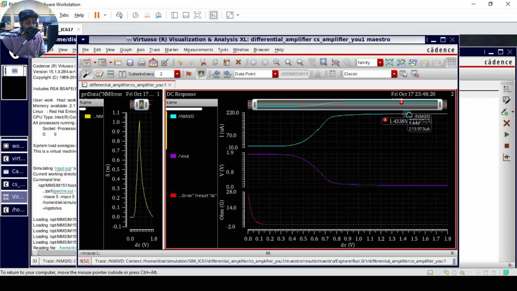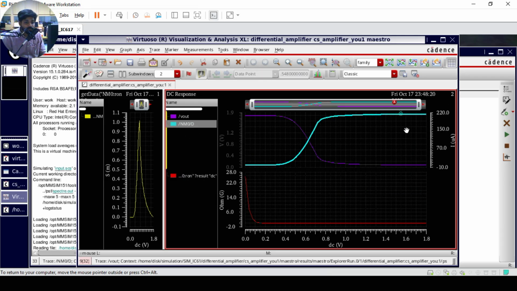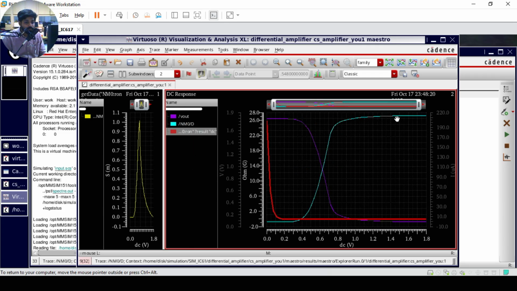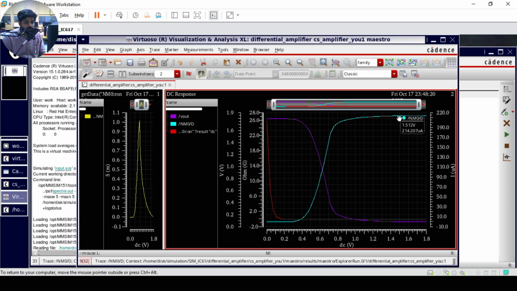When I'm giving 1.62, I am able to get a current of 214 microamperes, which is almost equal to 0.2 milliamperes.